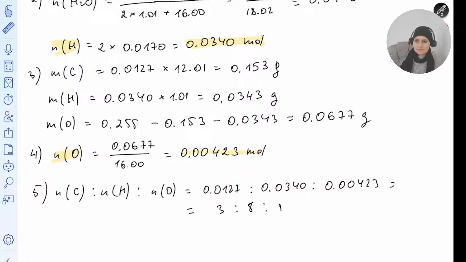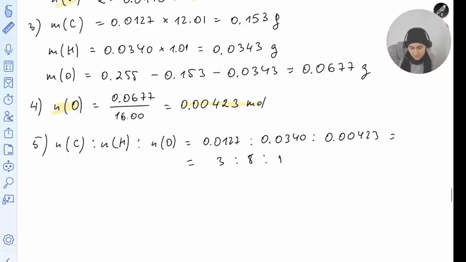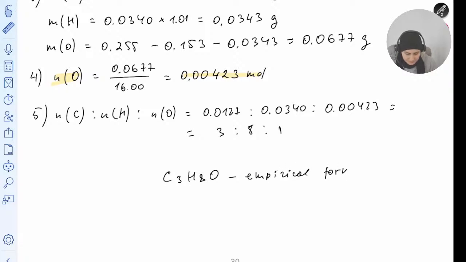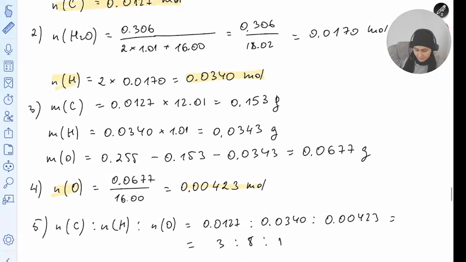Okay, so it means that we haven't messed up. And so it means that you have 3 C's, 8 H's, and 1 O. So it's C3H8O. That's the empirical formula.